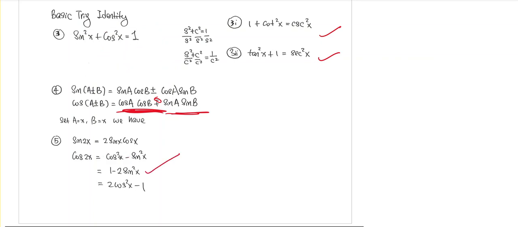And if you decide to get rid of sine square, then you can write sine square as 1 minus cosine square and substitute into this equation, and you will have this relationship. So you have three different ways of writing cosine 2x. Which formula you're going to use depends on the context of the problem.